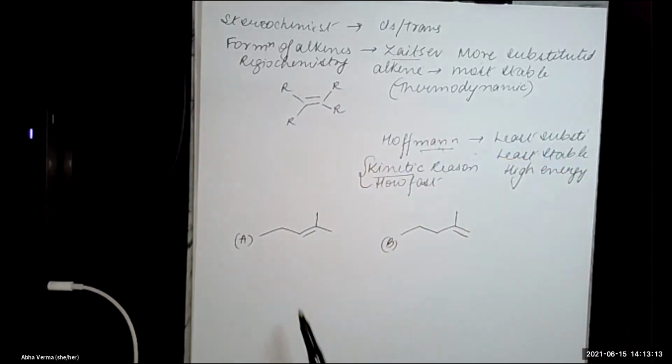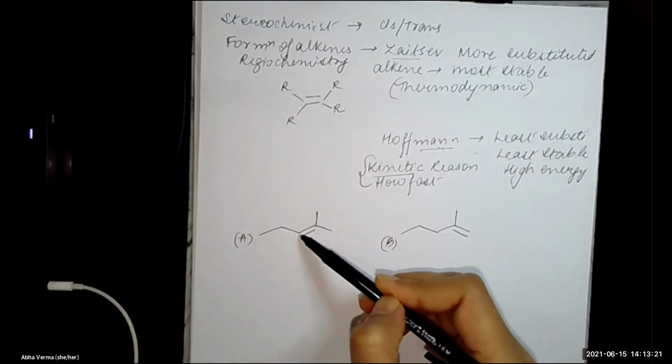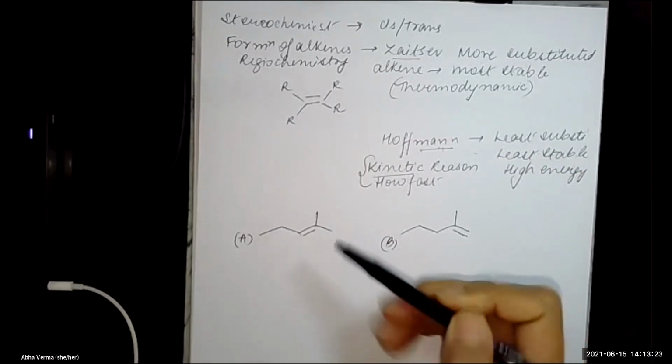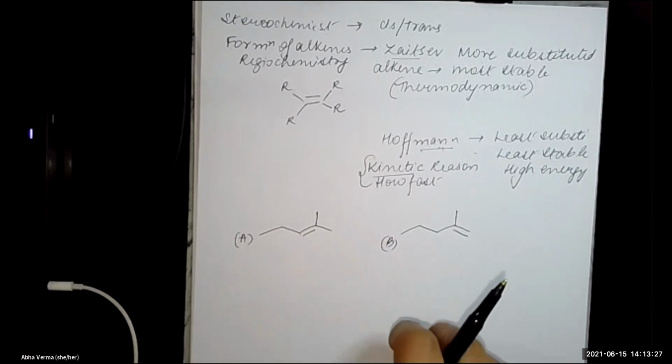So A, very good. And how did you figure that out? Because it has more hydrogens missing. So how would you define this alkene? Is it a mono-substituted, di-substituted, tri-substituted, or a tetra-substituted? Di-substituted.